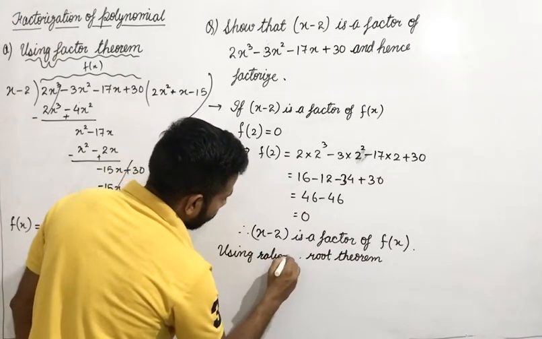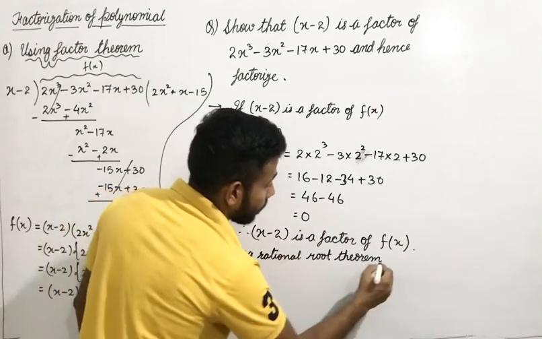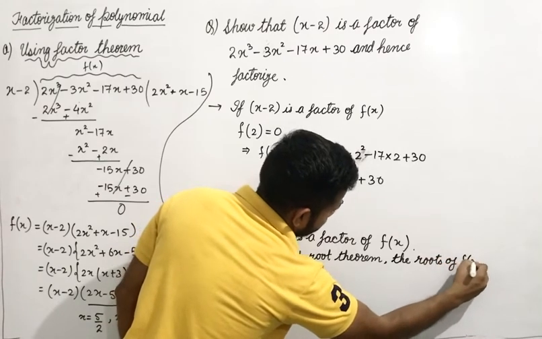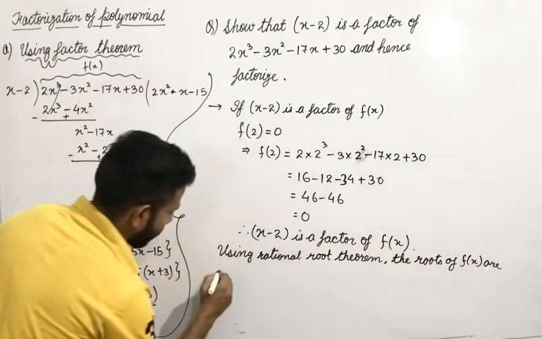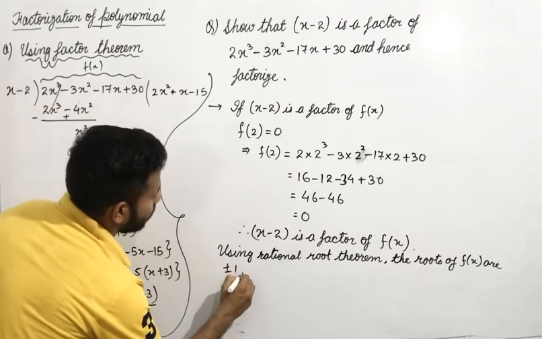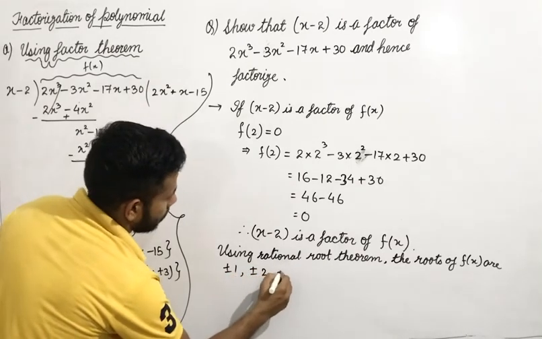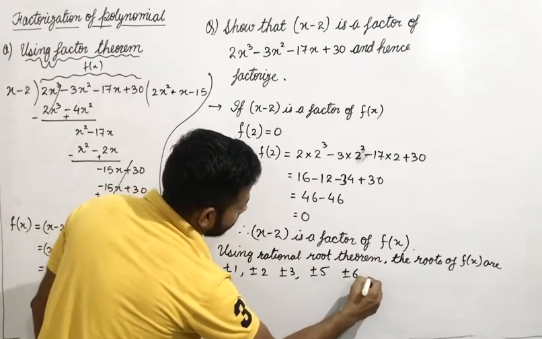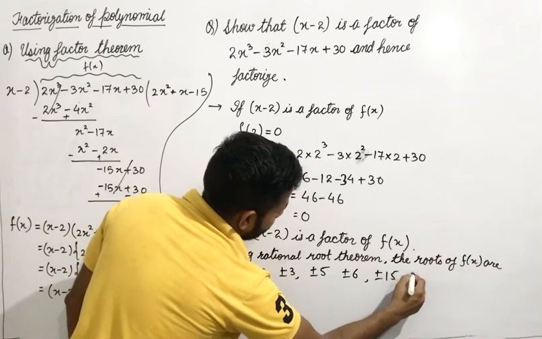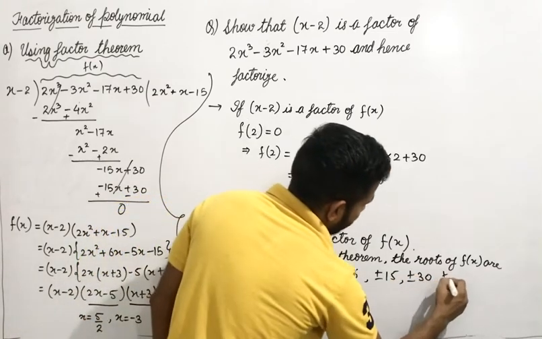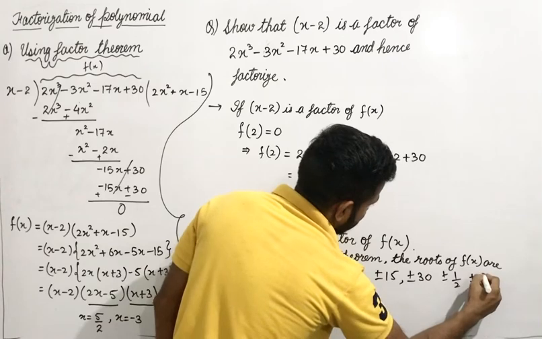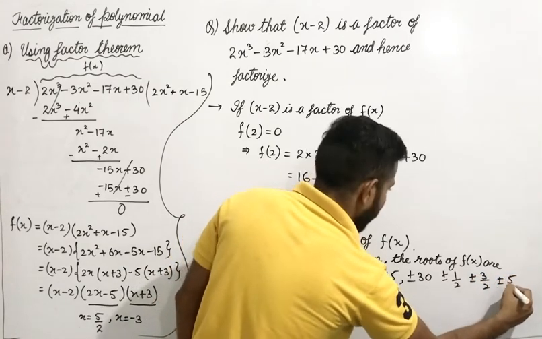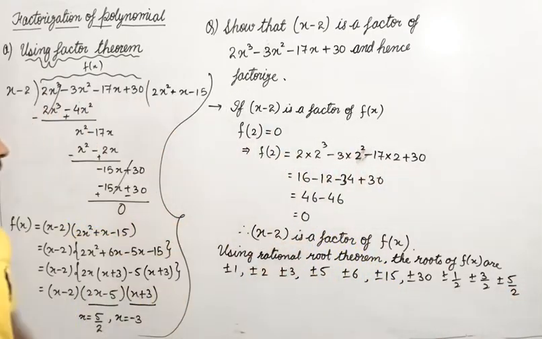Using rational root theorem, the roots of fx are plus minus 1, plus minus 2, plus minus 3, plus minus 5, plus minus 6, plus minus 15, plus minus 30, plus minus 1 by 2, plus minus 3 by 2, plus minus 5 by 2. Like this, you can write.